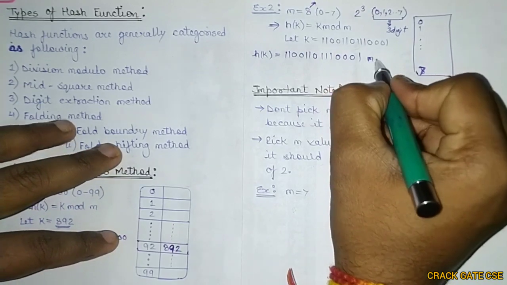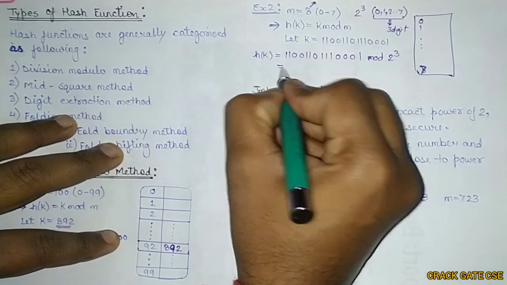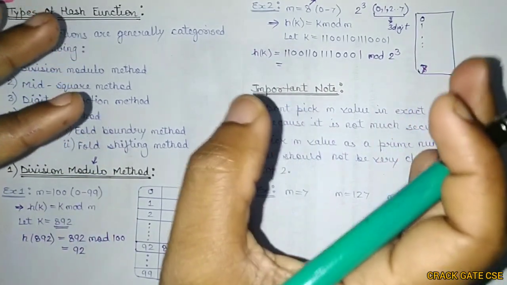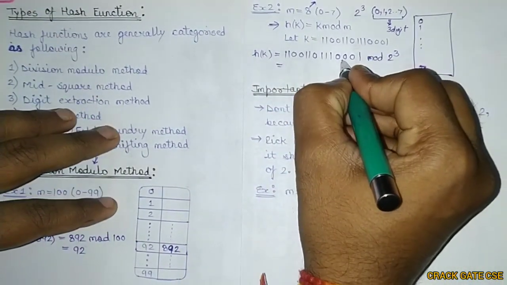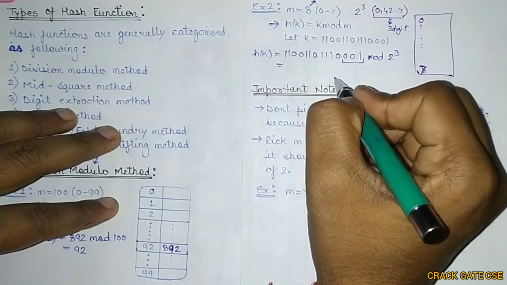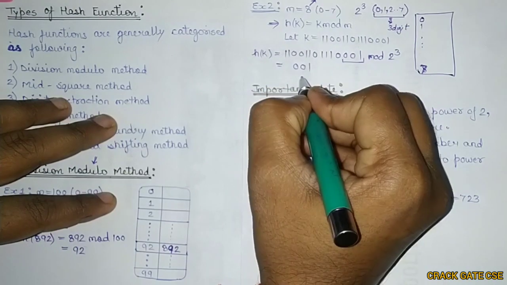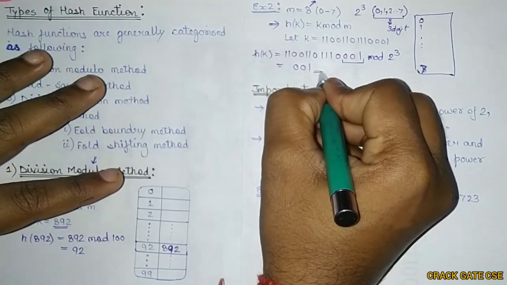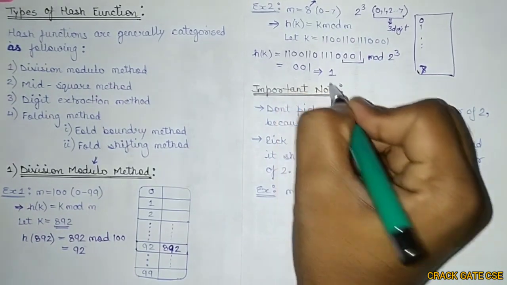So if I do mod 2 to the power 3, what will be the output? We will be getting the k LSB bits, that means 3 LSB bits. So here you can see that I am having these 3 bits. So the remainder will be 001, right? So how can you represent this 001 in decimal form? This 001 is nothing but 1.